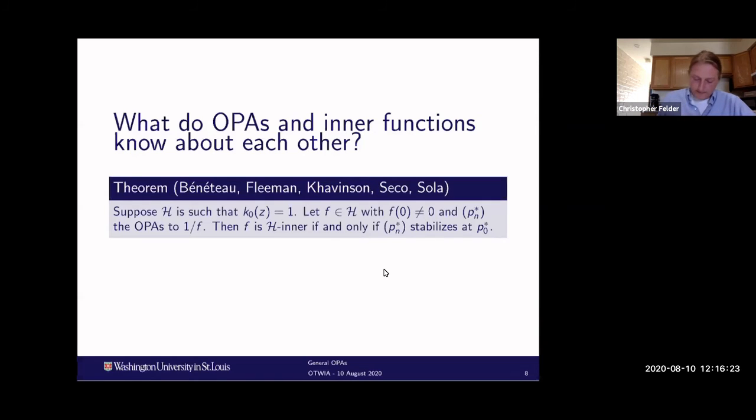Okay, so the connection between OPAs and inner functions is stabilization. And what we want to do is somehow generalize this. So we want to generalize this maybe where K_z of 0 is not equal to 1, and maybe where we take some other function or some other point in our sequence that isn't at 0.